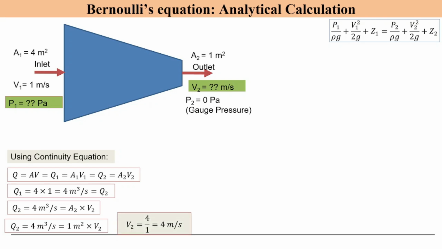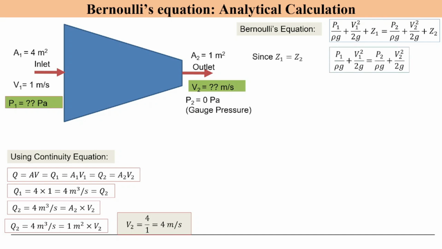Now once I get the value for V2, I have another equation, Bernoulli's equation, to calculate the value for P1. Assuming inlet and outlet are at the same elevation, Z1 equals Z2, and rearranging, I can change this equation into a simplified form.